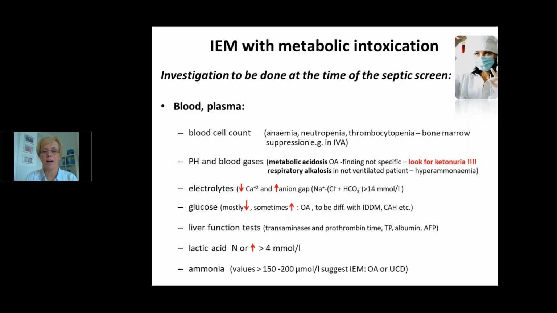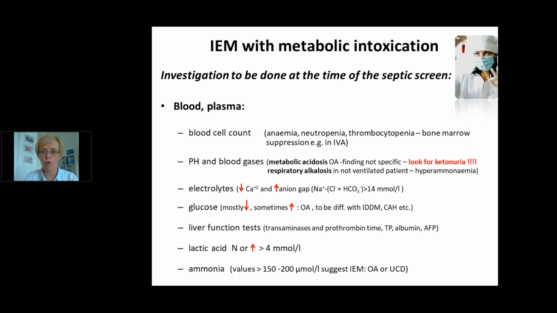These children may have abnormalities in blood cell count, in pH and blood gases. They may have electrolyte imbalance, glucose problems, including hypo and hyperglycemia. They may have abnormalities in the simple liver function tests, and they may also have increased concentration of lactic acid and ammonia.